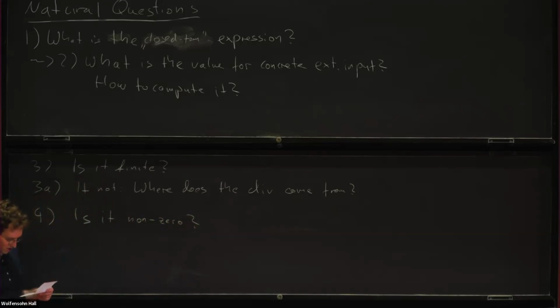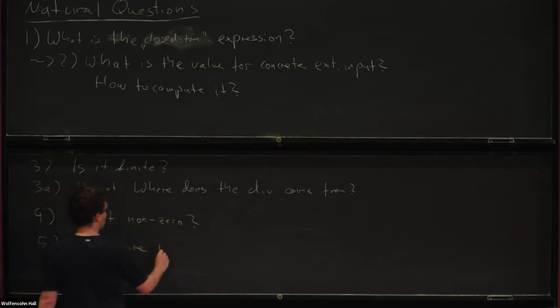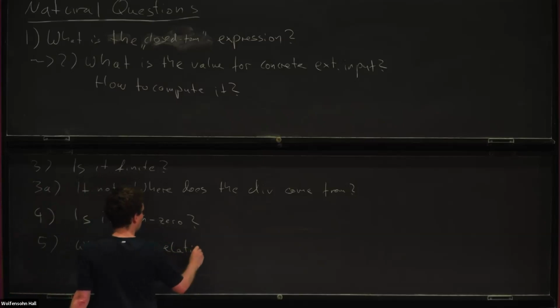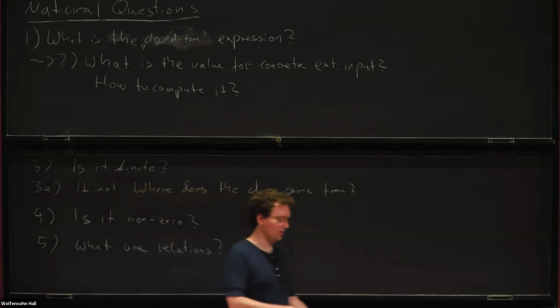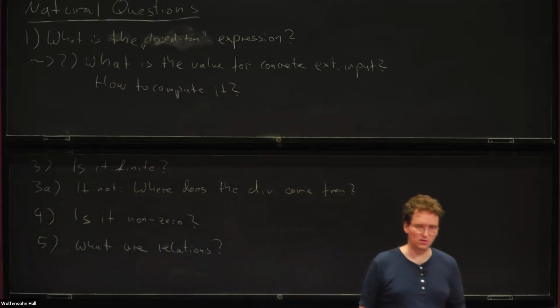relevant for physics. And then it's also a big business to ask about the relations between Feynman integrals. So it turns out that many linear combinations of Feynman integrals are zero.